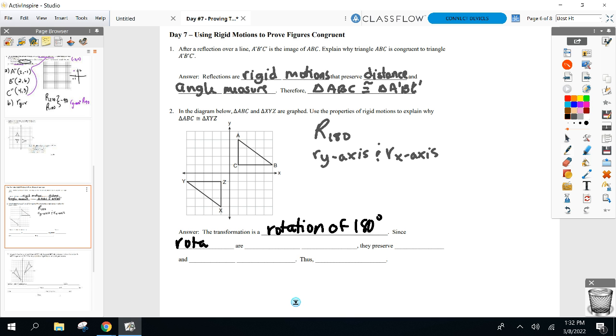Since rotations are rigid motions, they preserve distance and angle measure. Above I used therefore, now I use thus. Triangle ABC is congruent to triangle XYZ.